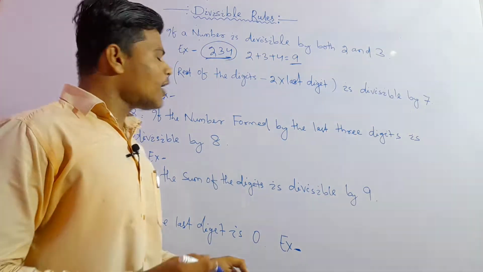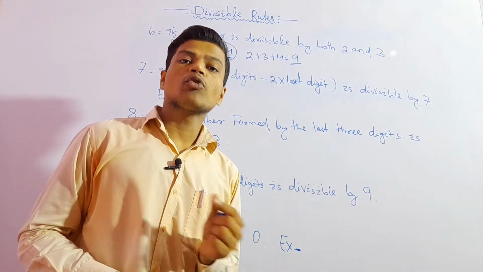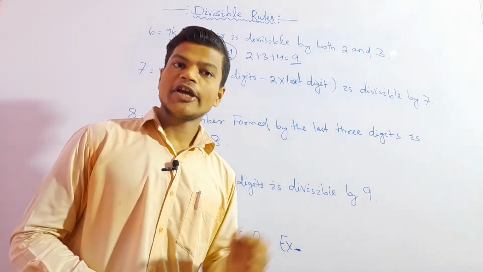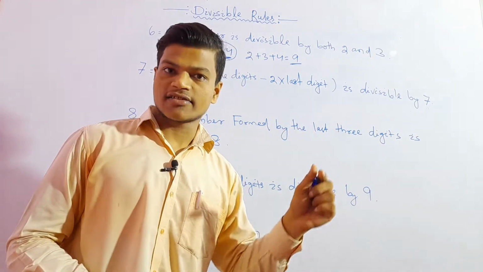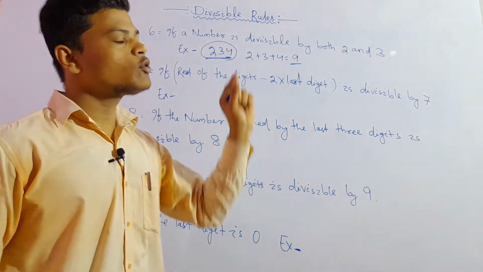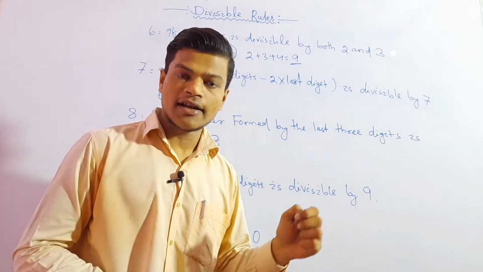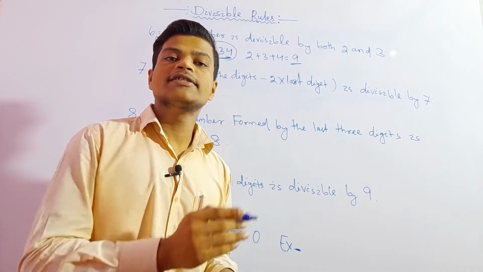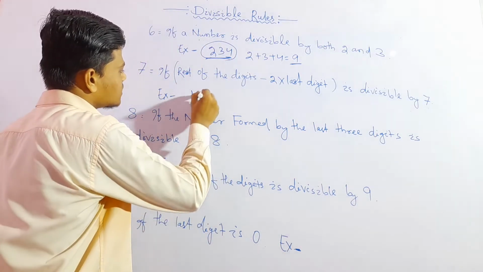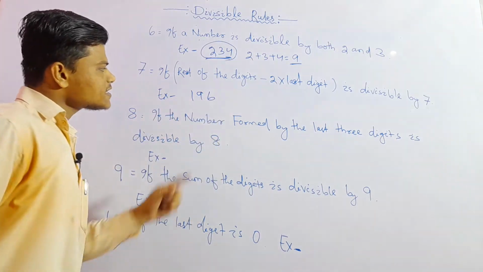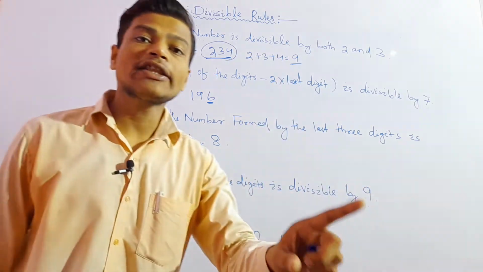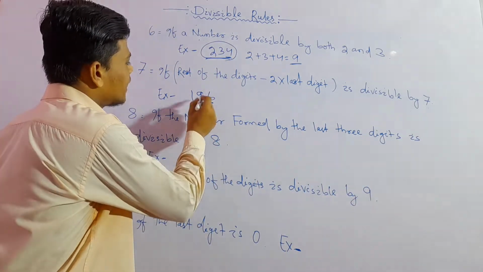Okay, so now let's learn the divisible rule of 7. As per the divisible rule of 7, if the number formed by the rest of the digits minus 2 times the last digit is divisible by 7, then the complete number is divisible by 7. See an example, 196. In this number the last digit is 6 and the number formed by the rest of the digits is 19.